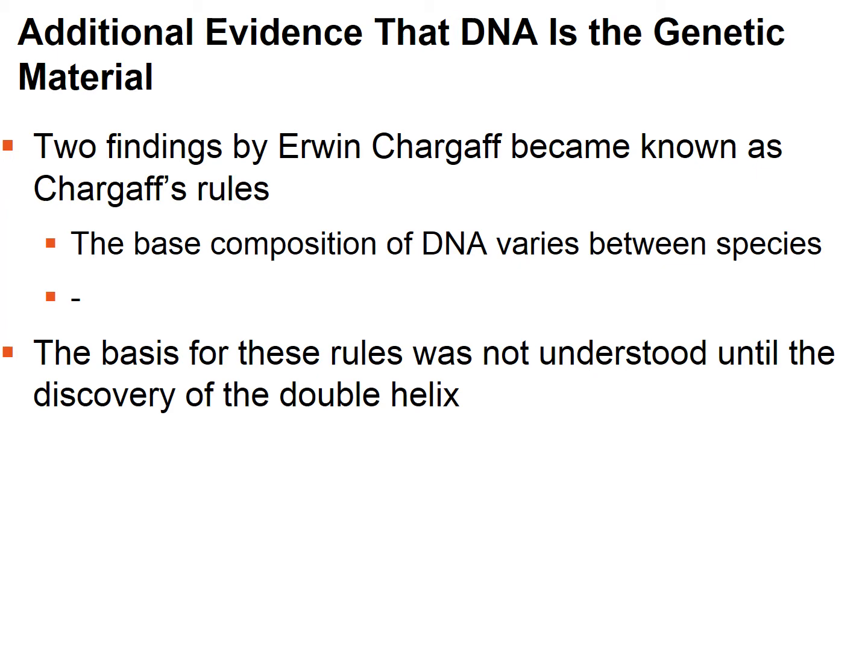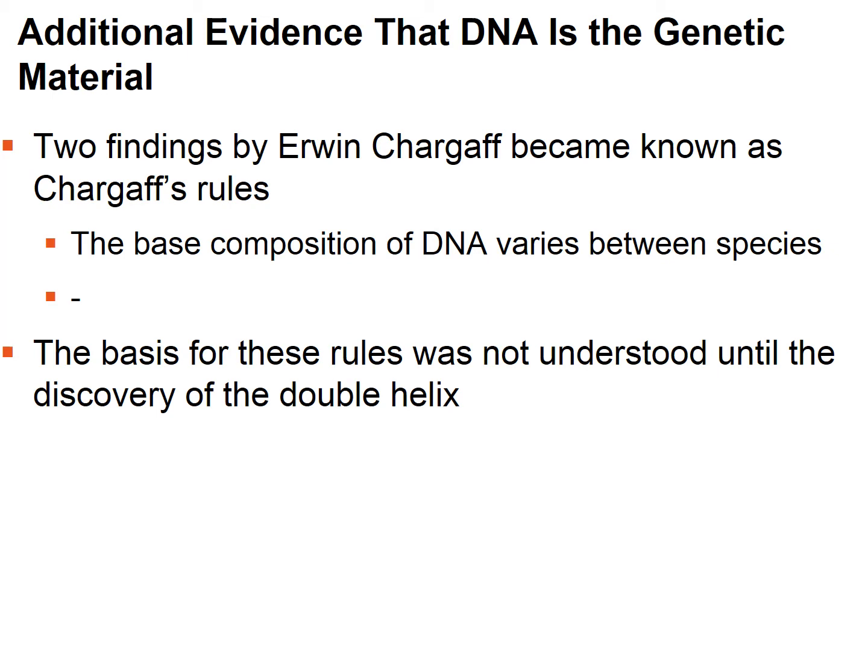But because we know this, we could predict the amount of bases if we just know the percentage of one base. So for example, if I were to tell you 10% of the bases were adenine, you should be able to tell me that 10% of the bases in the organism are thymine, because there's equal amounts. You should also be able to tell me that there's 40% guanine and 40% cytosine.